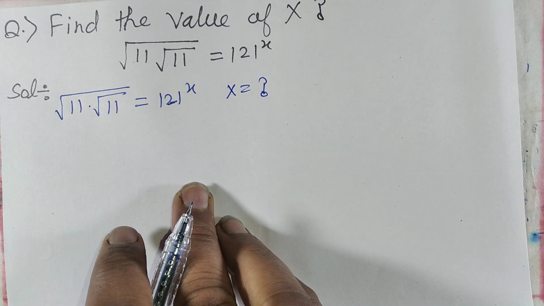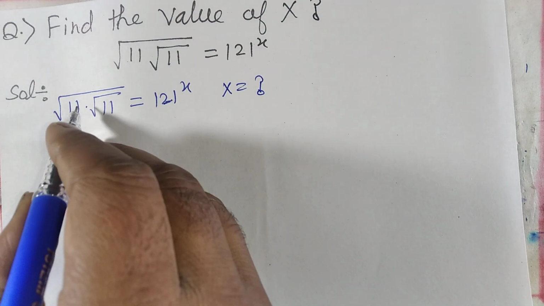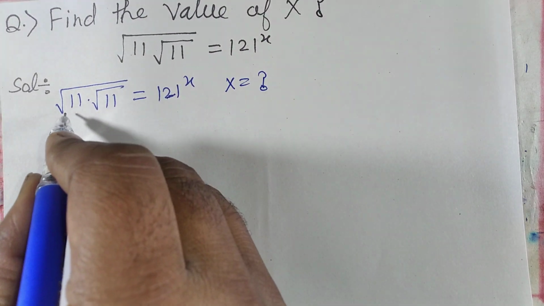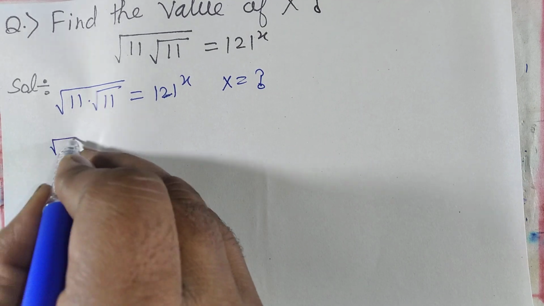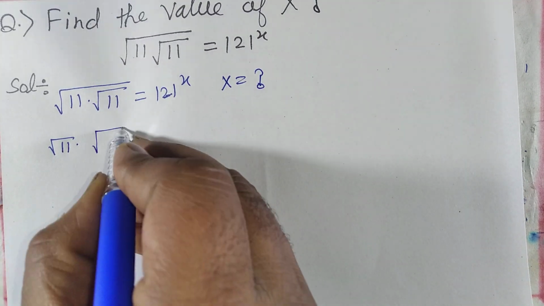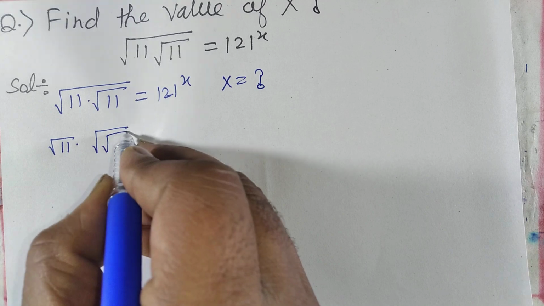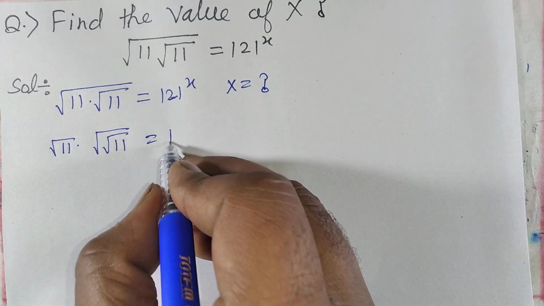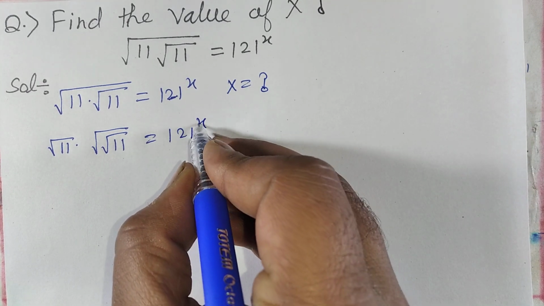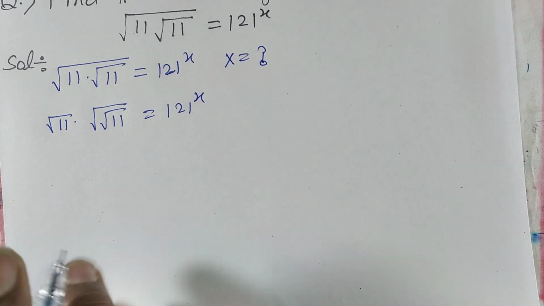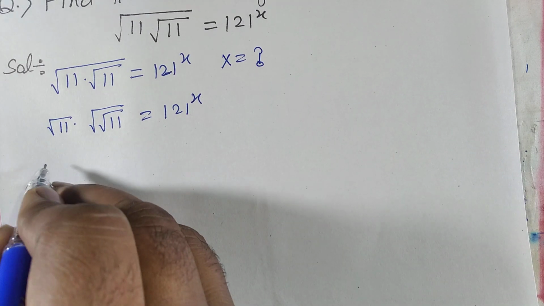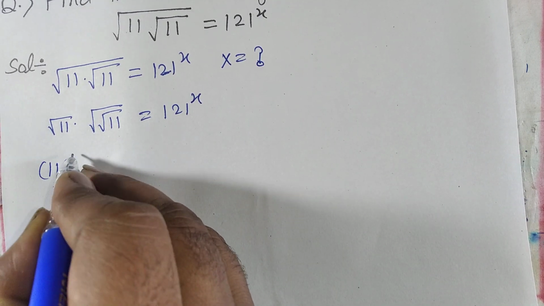Now on solving this, √11 can be written as 11 to the power 1 by 2.